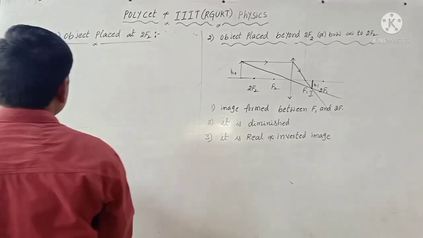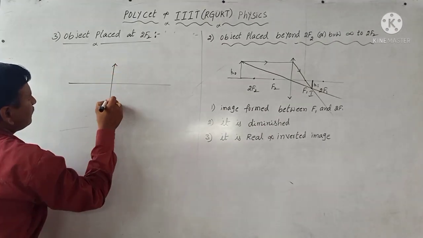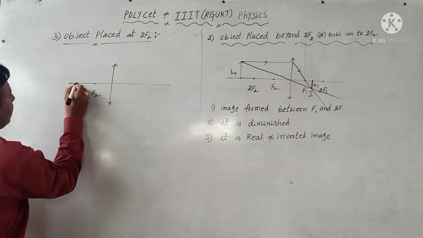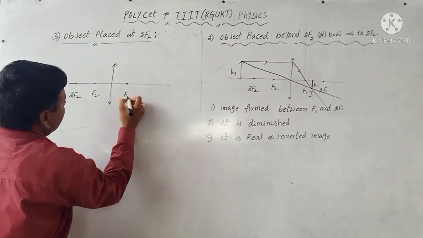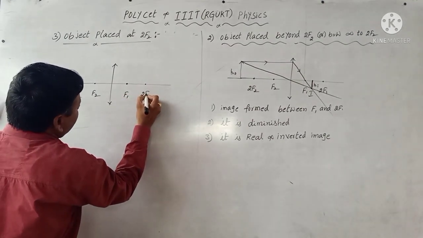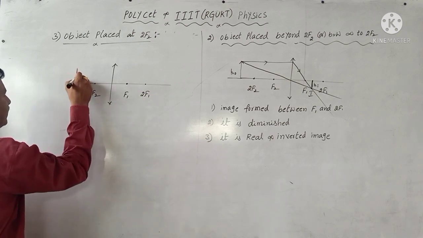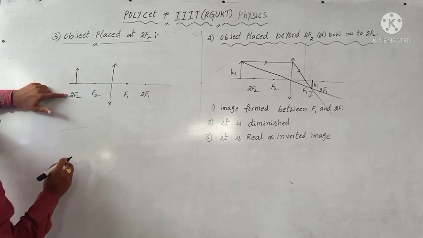So what is the image location? Again we draw the convex lens. Here f2 and here 2f2. This one is f1 and this one is 2f1. Where is the object? Here is the object. That means the object is placed at 2f2.